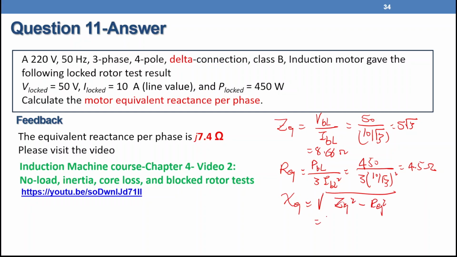So in this case, you are going to find that one root 8.66 square minus 4.5 square, and that one equals 7.4 ohm. So again, if you like to know more about the machine testing, you need to visit the Induction Machine course chapter 4, video number 2, no load, inertia, core loss, and blocked rotor tests.